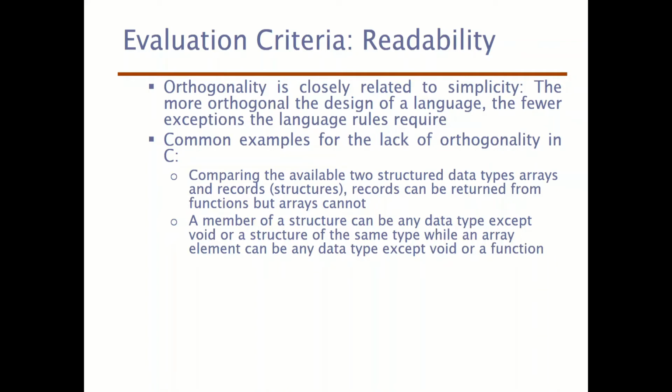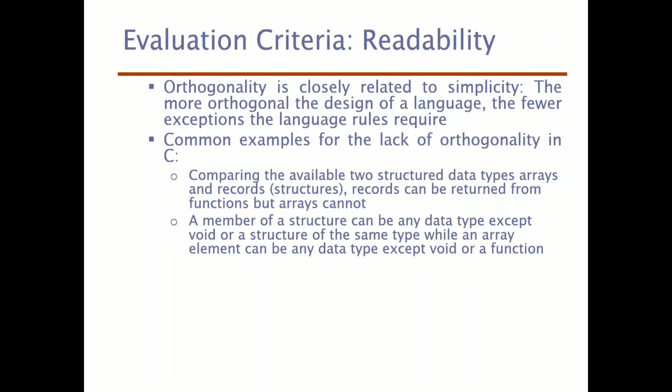Also, think about the way we define members of a structure. How about the structure itself? We can define any data type inside the structure except two data types. The first one is void. Void is not permitted in a structure. And another type, the structure itself, the structure that we are creating, because we can create a structure with a certain name and it becomes a data type, we define it.